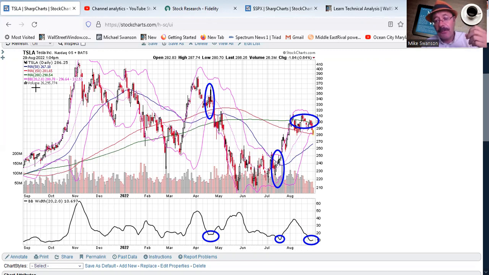And then when it closed above 250, that signaled the end of the contraction of the bands, and we got a rally up in Tesla to approximately 310 in August. So a 60-point move happened. Traders could have bought the day Tesla closed above 250 and then sold somewhere around 300. So that's how useful these bands can be for short-term trading.